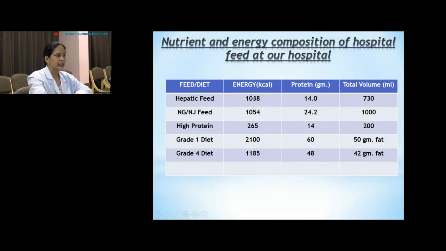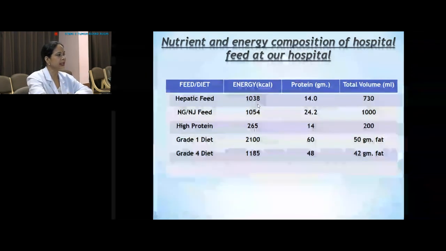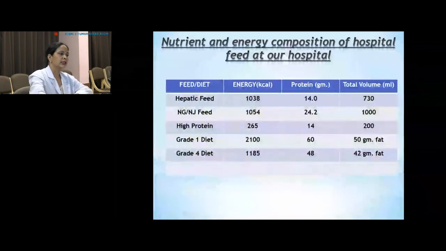That provides almost 14 gram protein, and the total volume is this much, 730 ml. It depends on patient tolerance, maybe 100 ml 2 hourly, maybe 200 ml 3 hourly, or maybe 300 ml 4 hourly. So these are the major types of feeds, which provide this much protein, and this much volume is mentioned here.